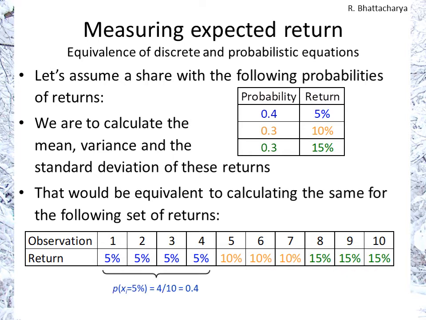Looking at that, you can see that the probability of a 5% return would have been, post facto, 4 out of 10. And for the 10% and 15% returns, you'd have a 3 out of 10 probability. So you can see that calculating the mean of these observations and these returns would be similar to calculating the expected value of these probabilistic returns. And the same would go, of course, for the variance and the standard deviation.